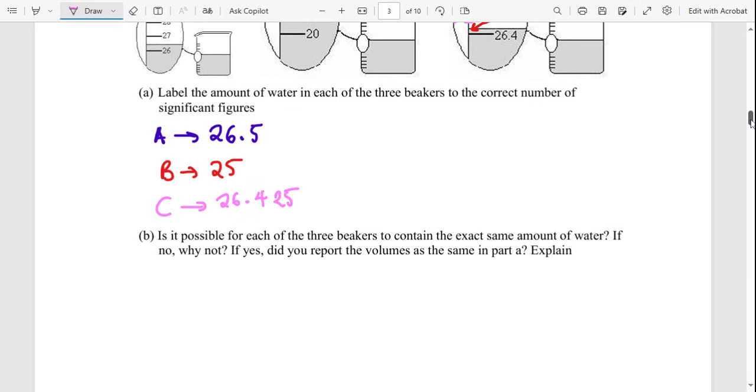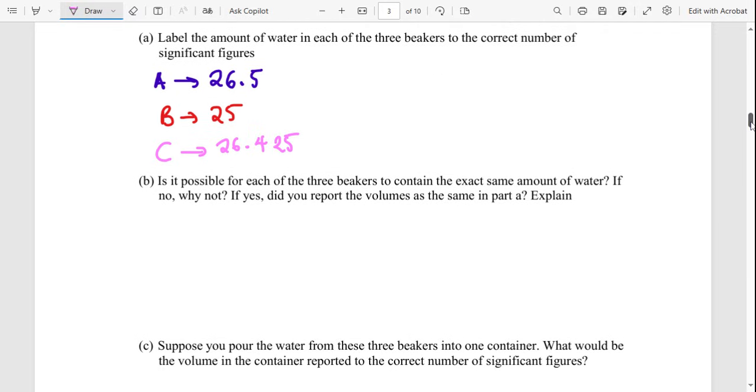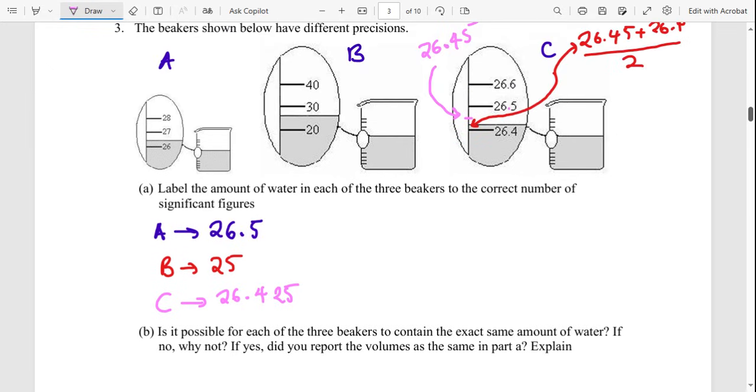The next question says, is it possible for each of the three beakers to contain the exact same amount of water? If no, why not? If yes, did you report the volumes as the same in part A? Explain. This is a very interesting question. Anyone who can answer that?